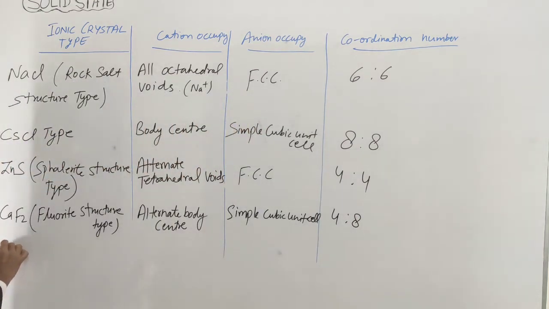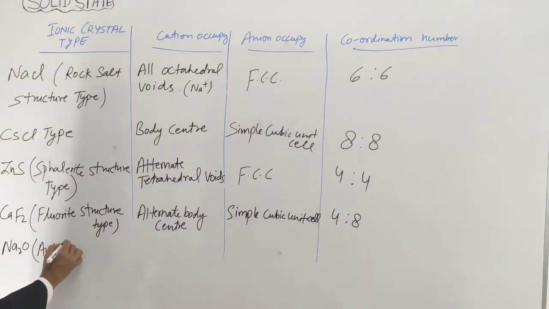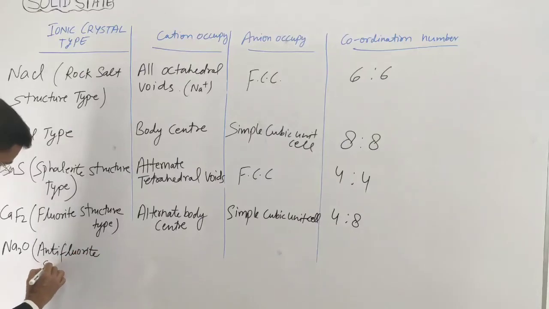Now the next is the Na2O type, also called the anti-fluorite structure type.